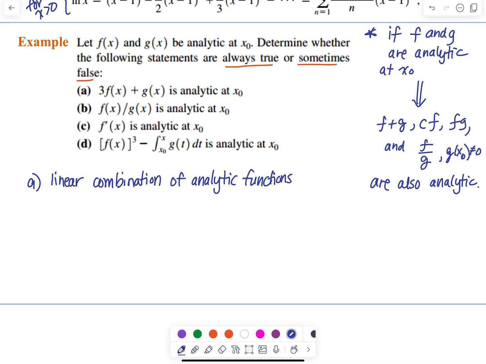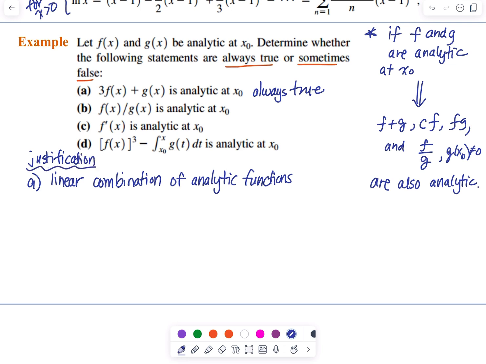So of course, this is going to be always true. And these are the reasons, justification for our answers, and we'll put our answers up there.